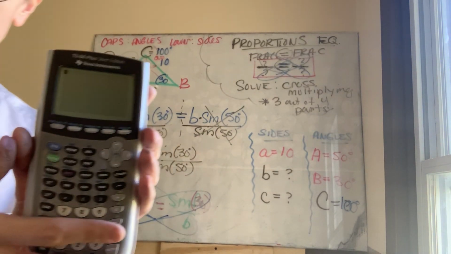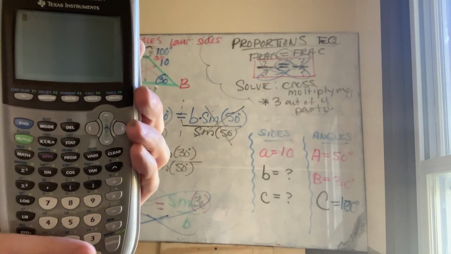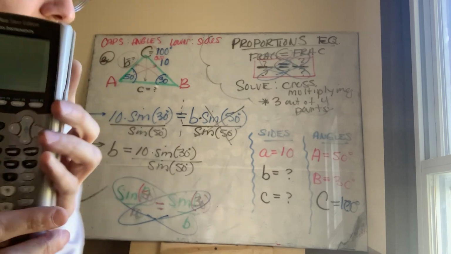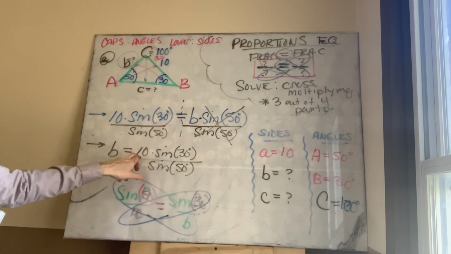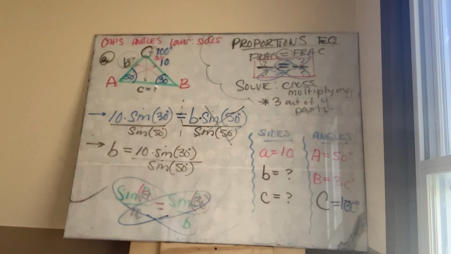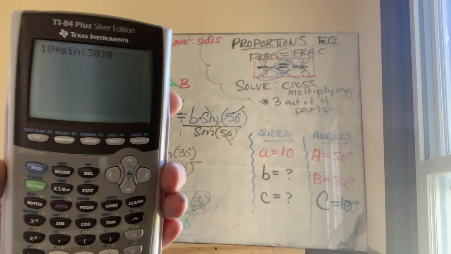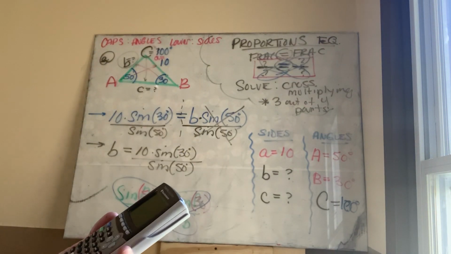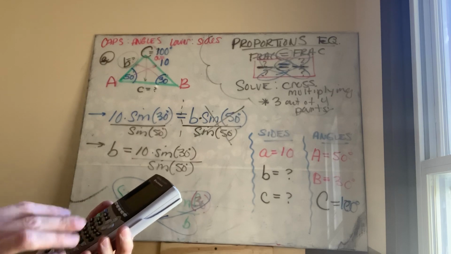Okay. So you have your calculator handy, and if you want, you could use parentheses, but you might be able to get away with not doing that. So if you have 10 times the sine of 30, that is divided by the sine of 50.